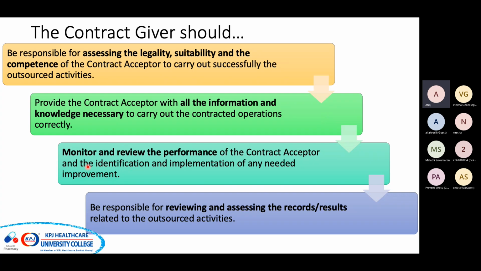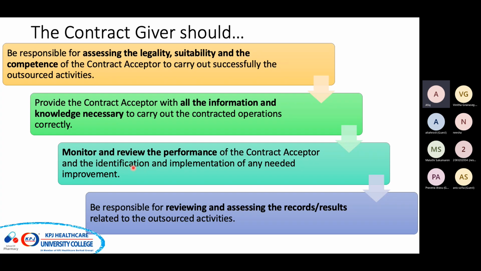And then you have to monitor and review the performance of the contract acceptor, and identify and implement any needed improvement. These are normally done in a certain period by the contract giver.